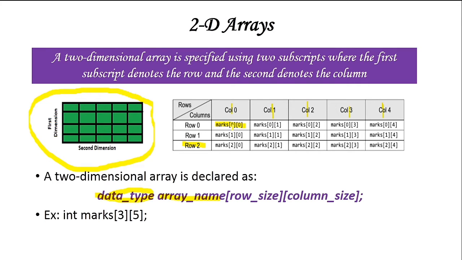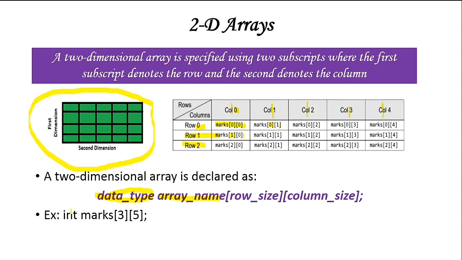In mark of 0, 0, the first 0 represents the row and the second 0 represents the column. Here, mark of 0, 1 means 0 represents the row and 1 represents the column. Then mark of 0, 2, mark of 0, 3. If you consider the second row, mark of 1, 0, mark of 1, 1, and it will continue like that.